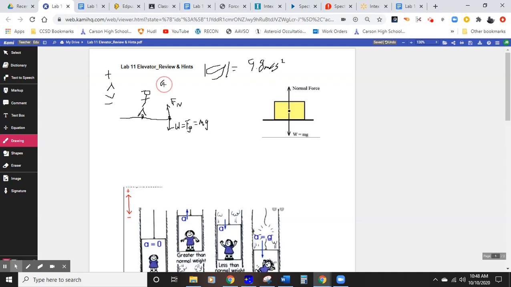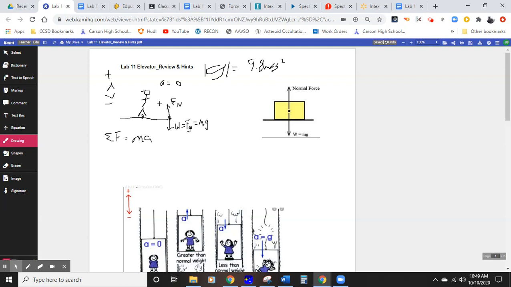We'll put an a here, and the acceleration is zero, because you're not accelerating up or down. So over here, the sum of the forces is equal to ma. On the left side, what are the forces acting?